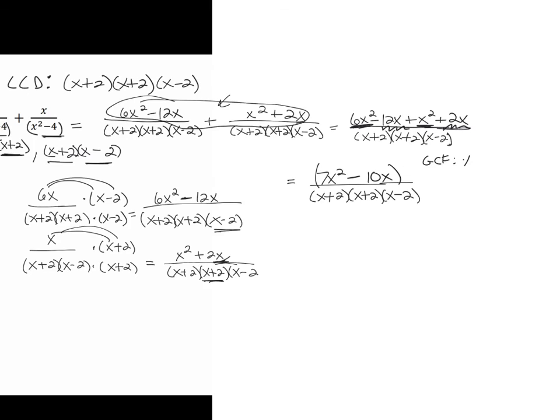Just x. So if I were to factor out that x, that'd be 7x minus 10, which is not in any of these denominators. So that is not going to help us out. So let me just backtrack. No need to factor because it's not going to divide.